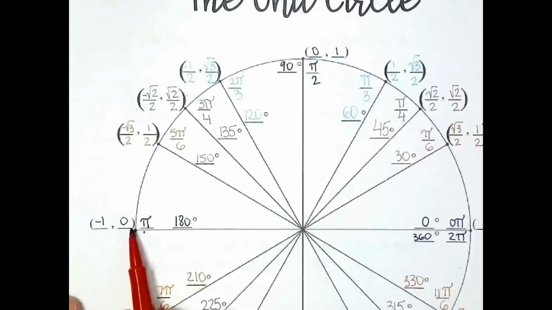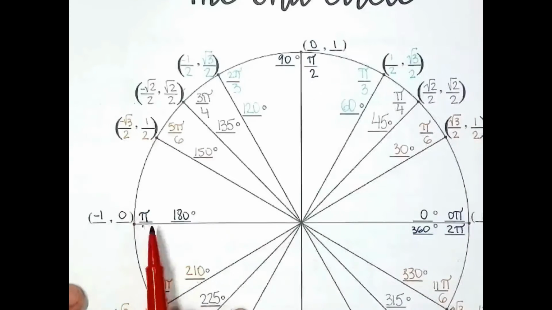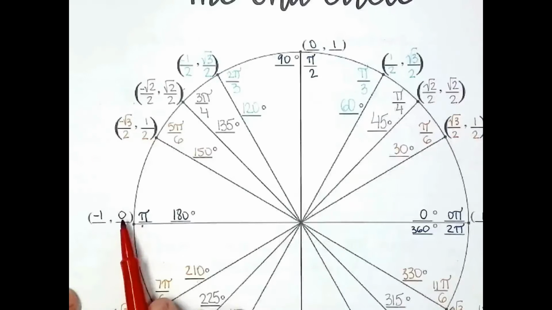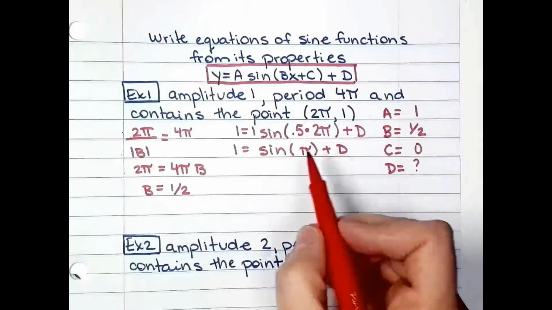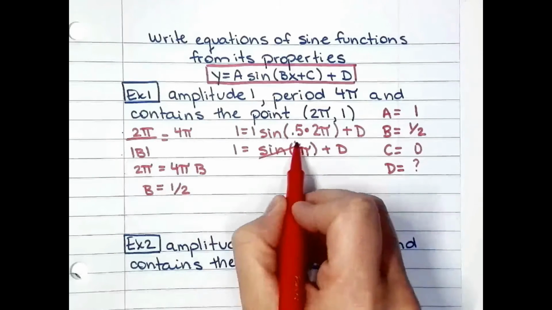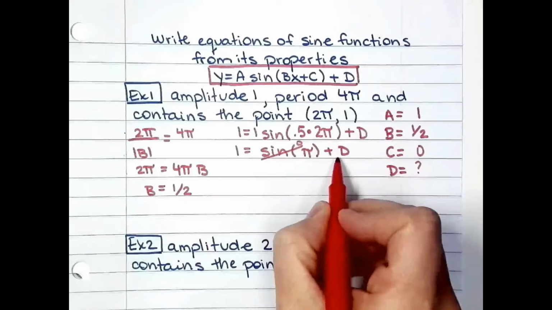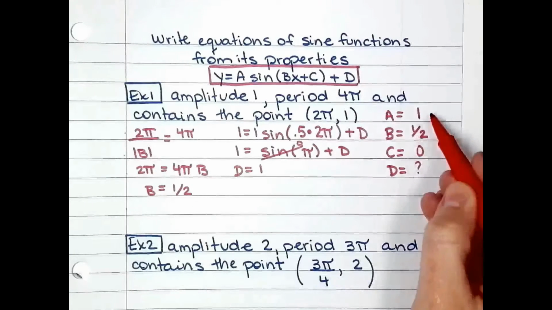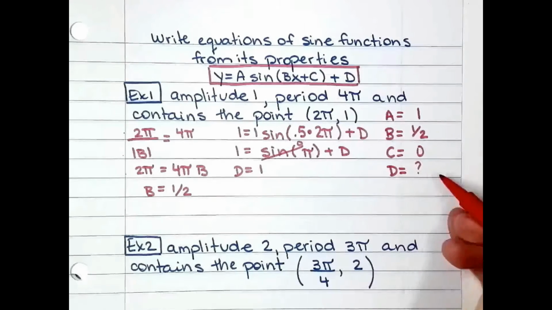Remember that sine is the y value of that point on the unit circle. So pi is right there. Sine of pi is the y value, so 0. This guy right here is 0. That leaves me with d equals 1. Now I have a, b, c equals 0, and d equals 1.